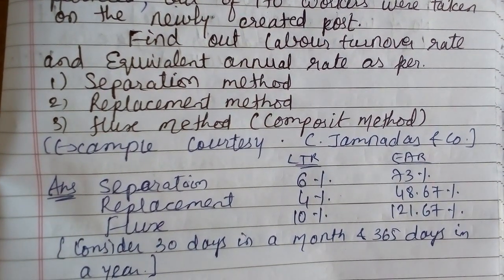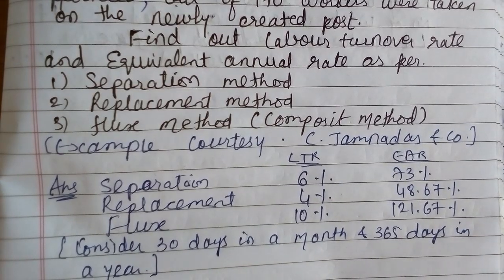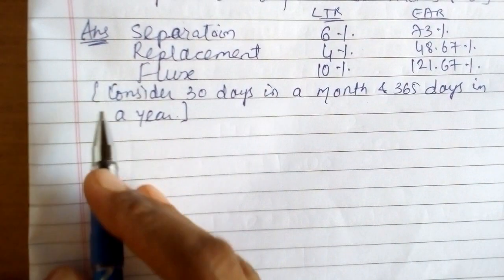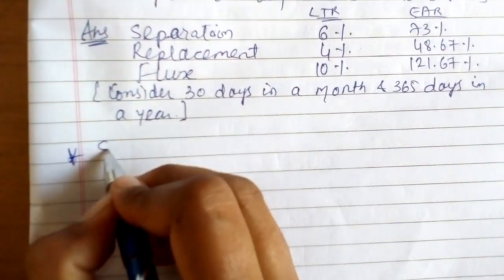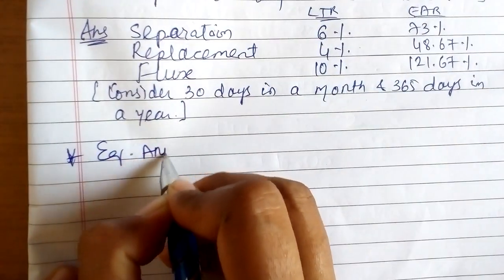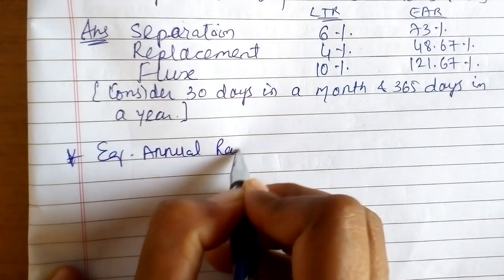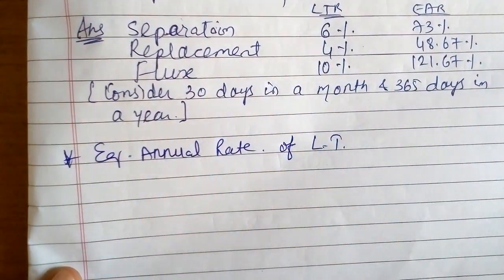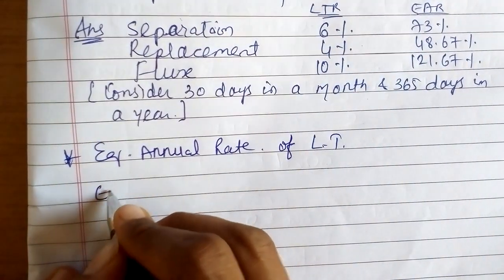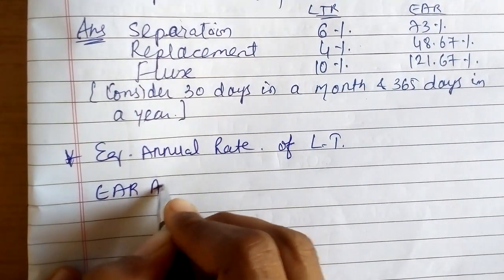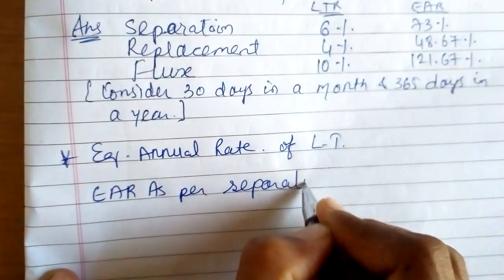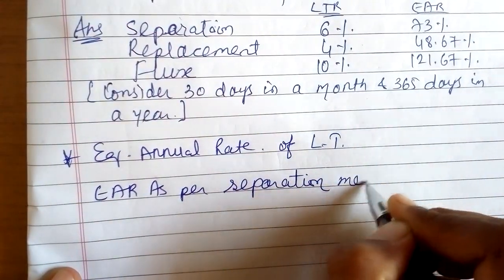You need to consider 30 days in a month and 365 days in a year. For your convenience, I am showing one answer of equivalent annual rate of labor turnover. So I am finding out EAR as per separation method.